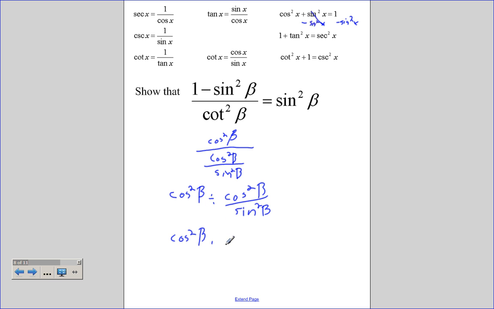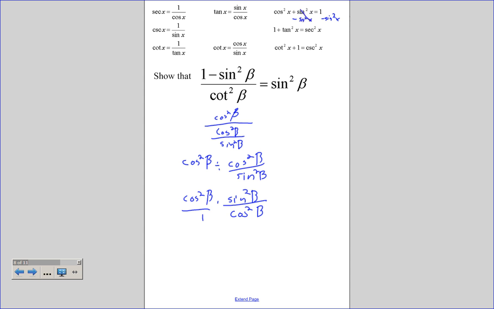So cosine squared beta times the reciprocal, which is going to be sine squared beta over cosine squared beta. Put that over 1. Now cosine squared divided by cosine squared is going to cancel out. And we're left with sine squared over 1, which is just sine squared beta. And we can say we are done.